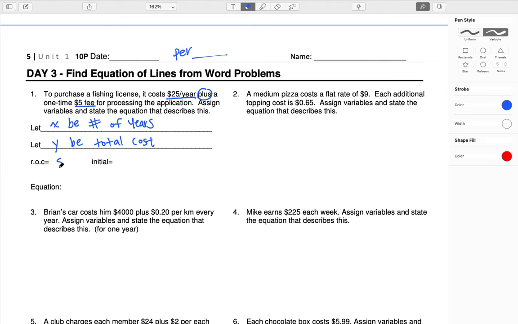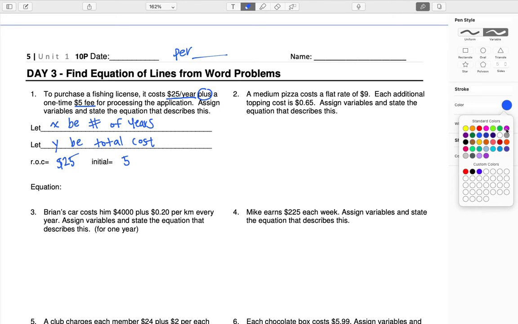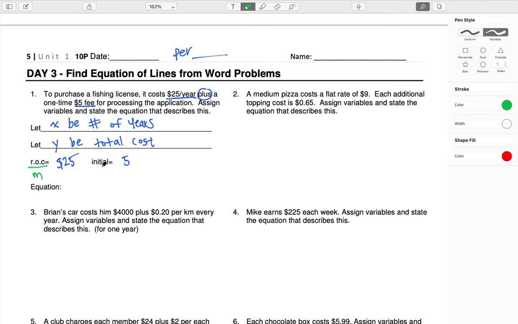In this case, it's $25. The initial cost or initial fee, which is the y-intercept, is 5. So keep in mind, rate of change is always the slope, and the initial one-time fee is the y-intercept.